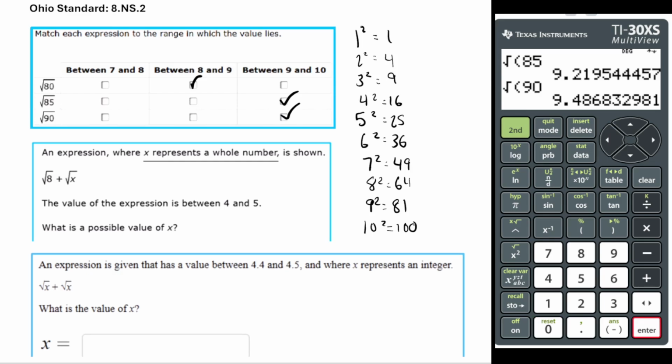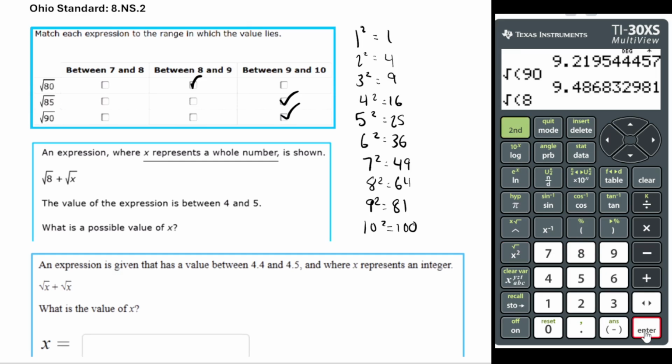So first find out what the square root of 8 is. Square root of 8 is 2.8. So this needs to be between 4 and 5. So 2.8 plus the square root of x needs to be between 4 and 5.